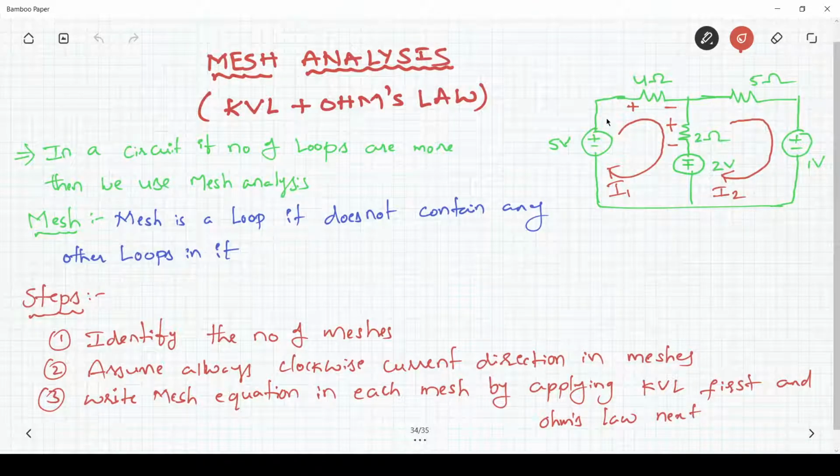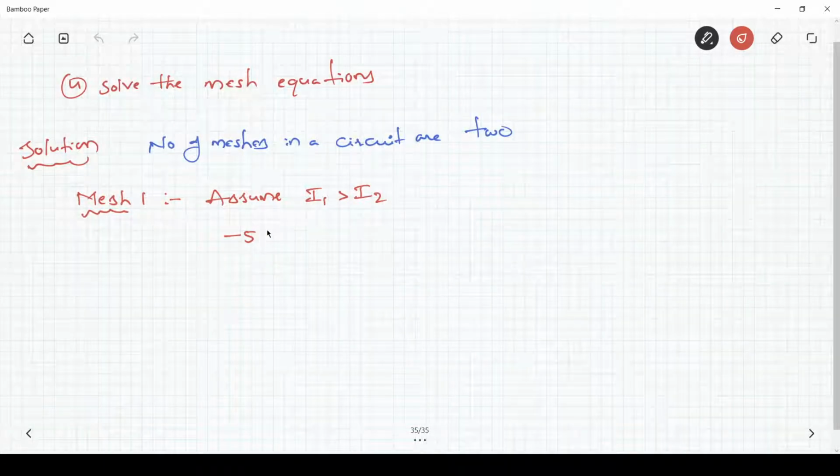Now current is entering at the positive terminal of the 4 ohm resistor. We know that voltage is equal to I into R. So the voltage drop across the 4 ohm resistor is I1 into 4, which is equal to 4 I1.